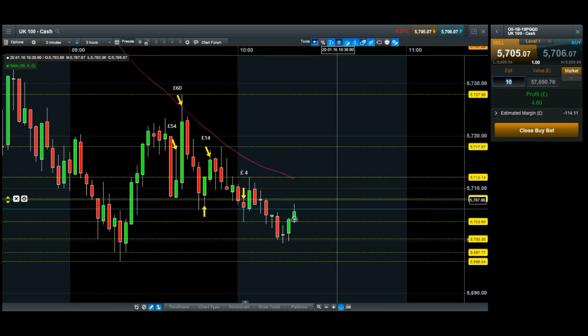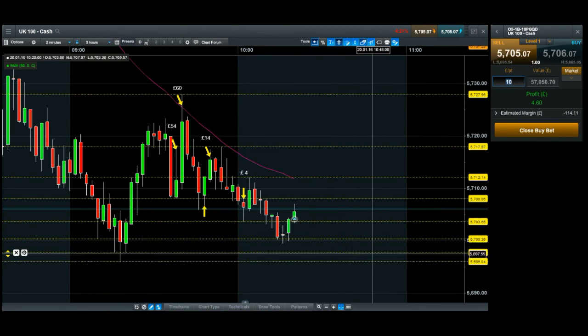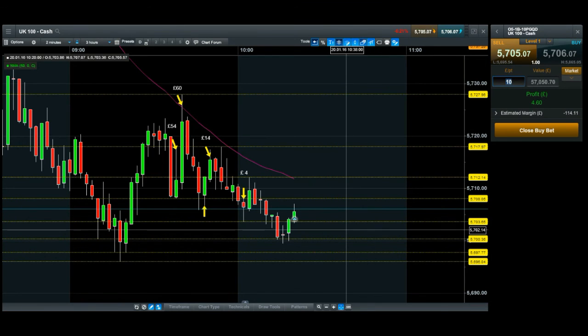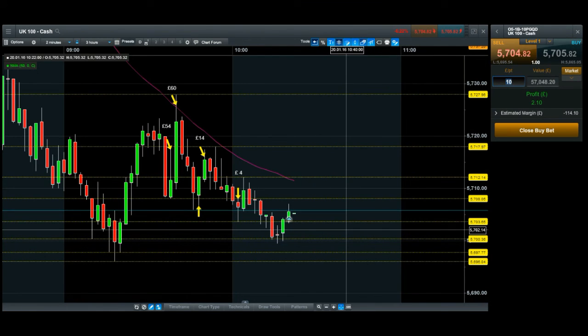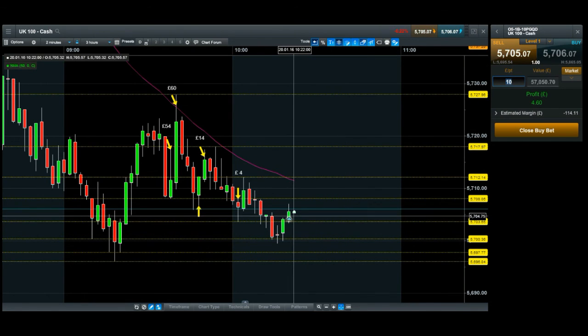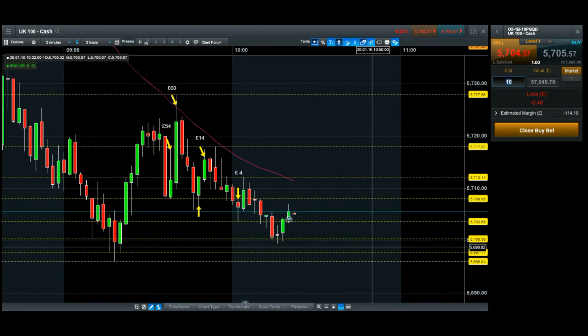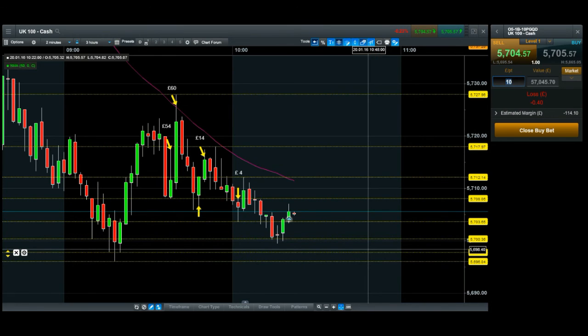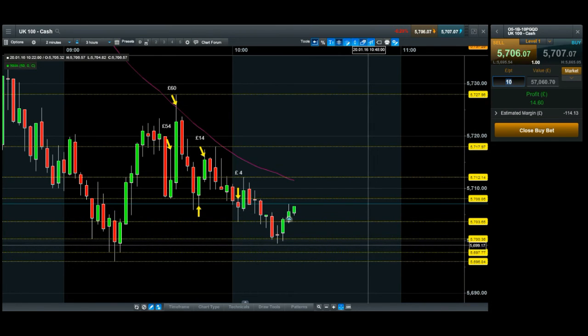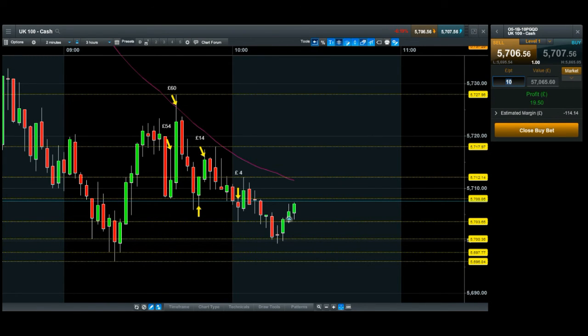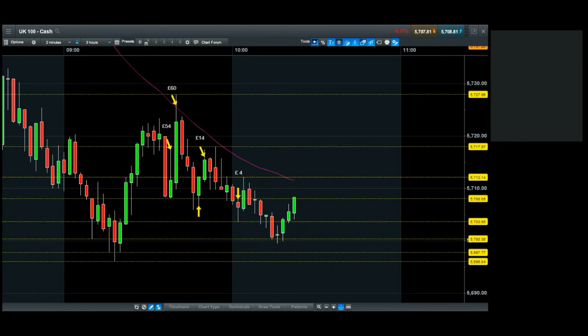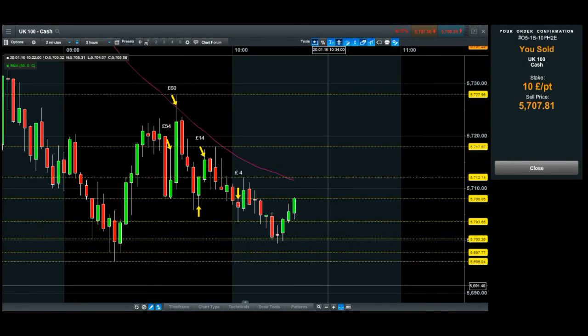When I say yellow line, I mean here, this one. It's a positive green, so I'm holding on to it. Okay, that's £29.